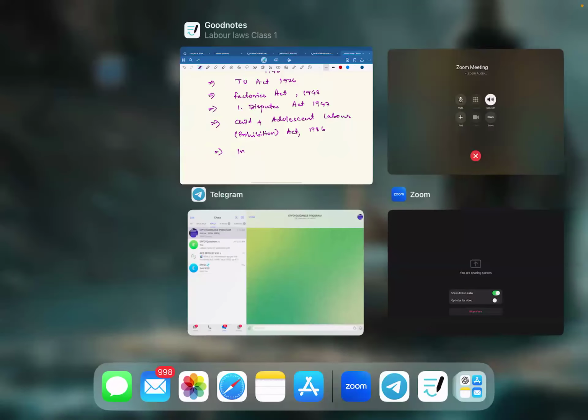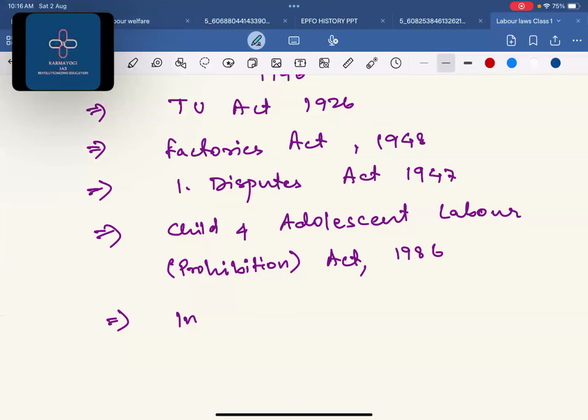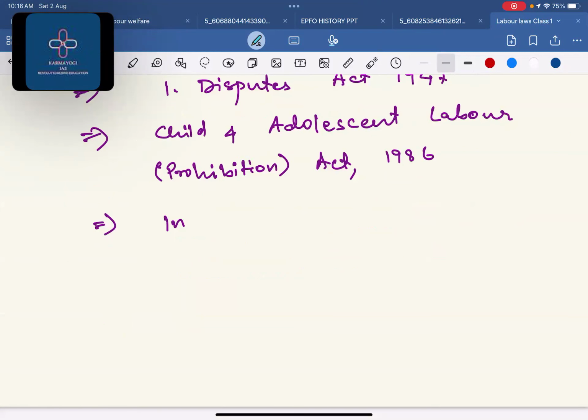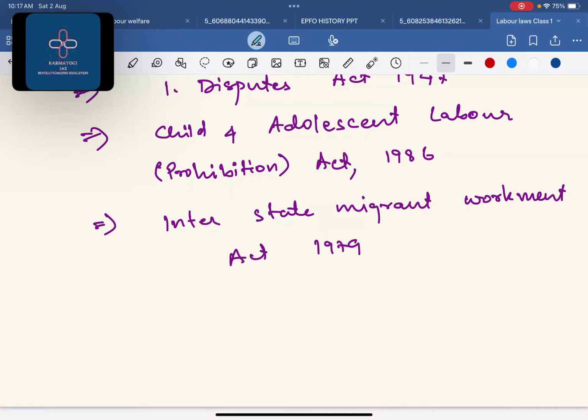Okay. So next, the thing we are discussing is the Interstate Migrant Workmen Act, that is of 1979.